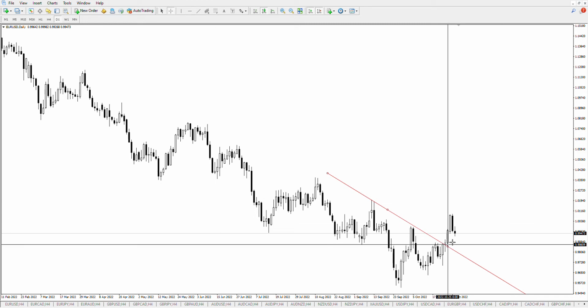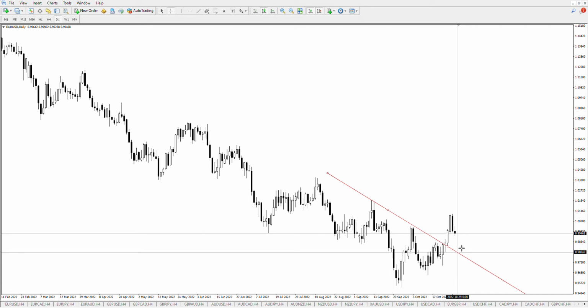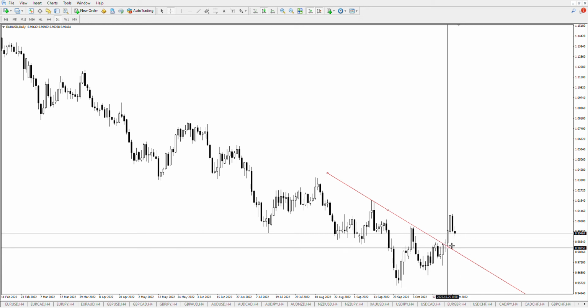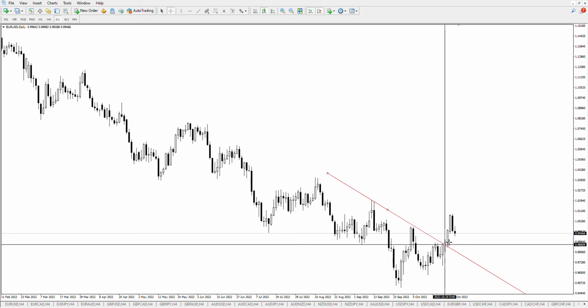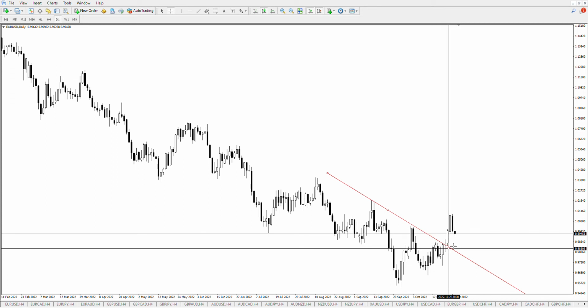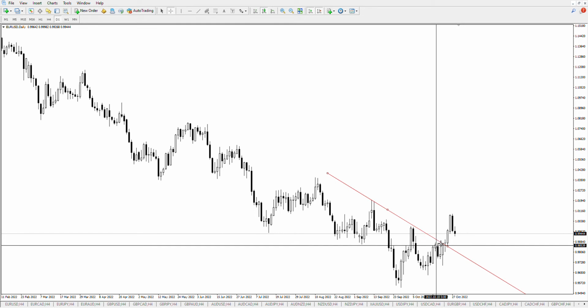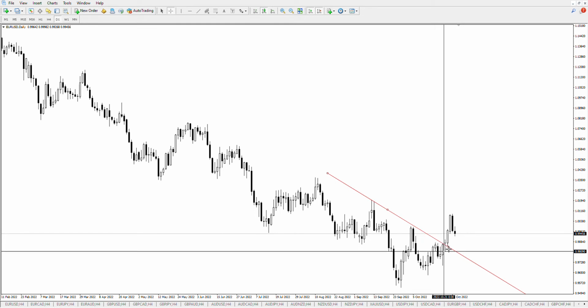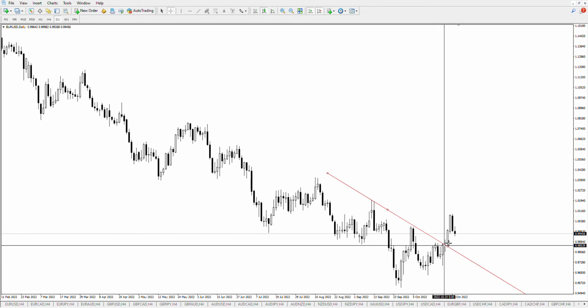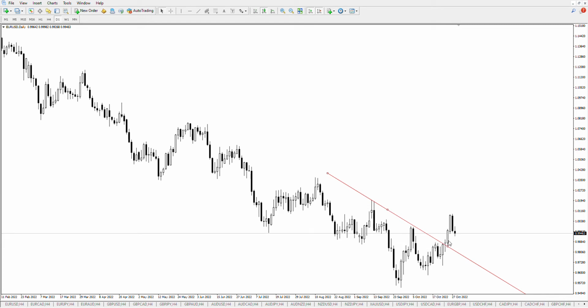It's a doji candle, a very small candle, but it's also seen as a gap. And it's another example that the breakout is true. We also had this pullback before the breakout, and this candle closed right on the trend line, which is also a good indication that this breakout is true.